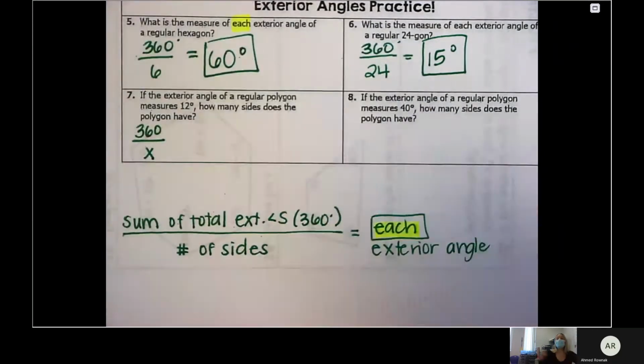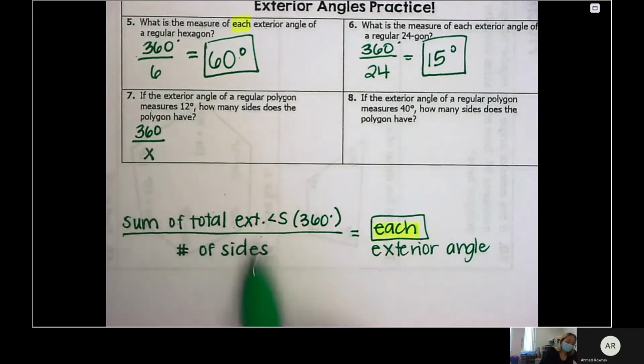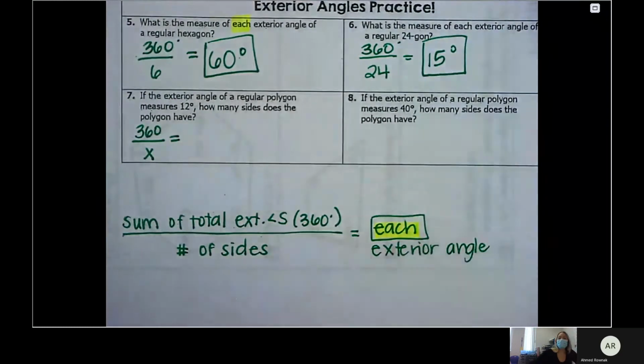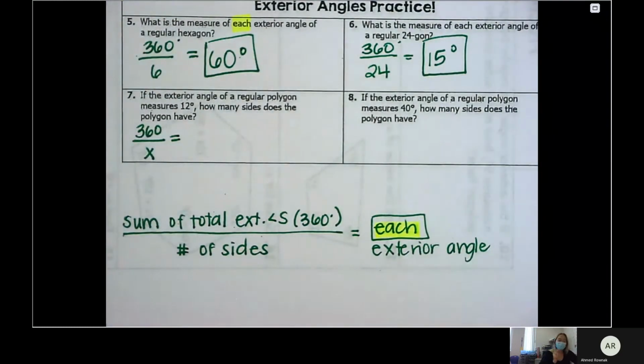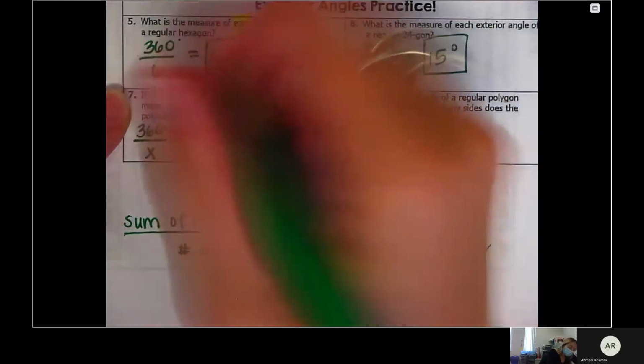I'm going to put an X because that's what I'm trying to solve for, right? In math class, we're all about the X's. Okay. 360 divided by X, number of sides, equals each exterior angle. What does each exterior angle equal in this problem? 12 degrees.